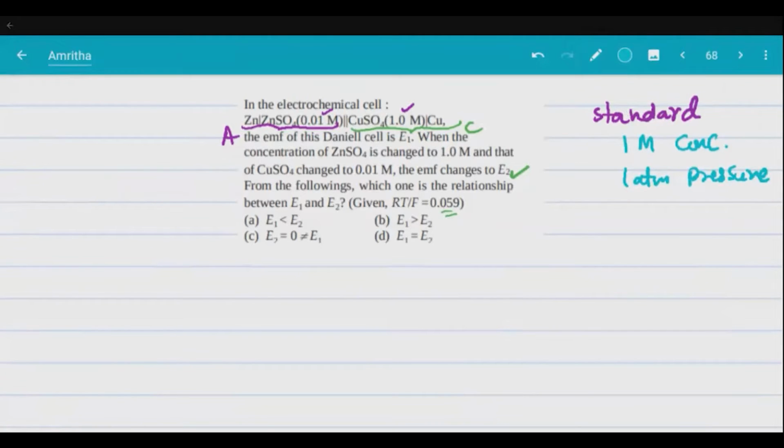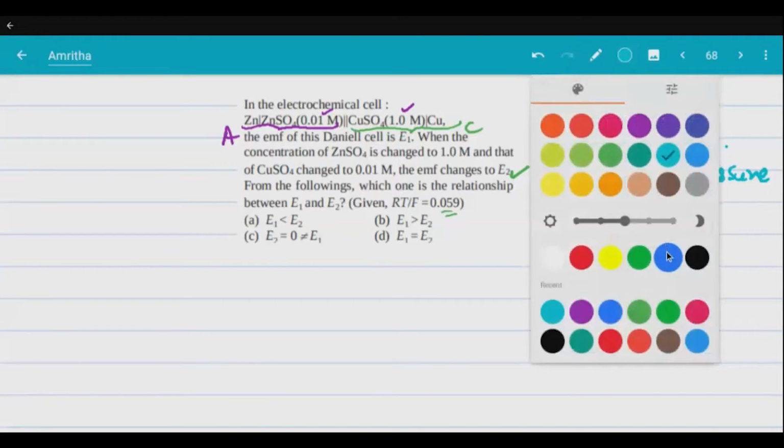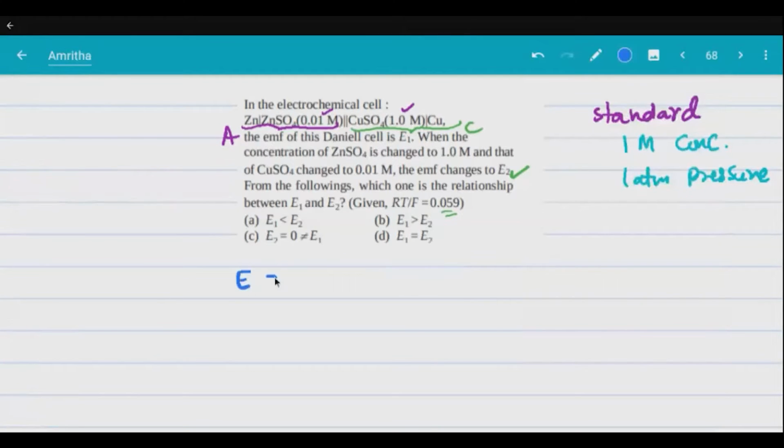So we use the Nernst equation. E is equal to E naught, the standard, minus 0.059 by n log Q. But what is Q here? Q is the reaction quotient. For the reaction quotient we must write the cell reaction.